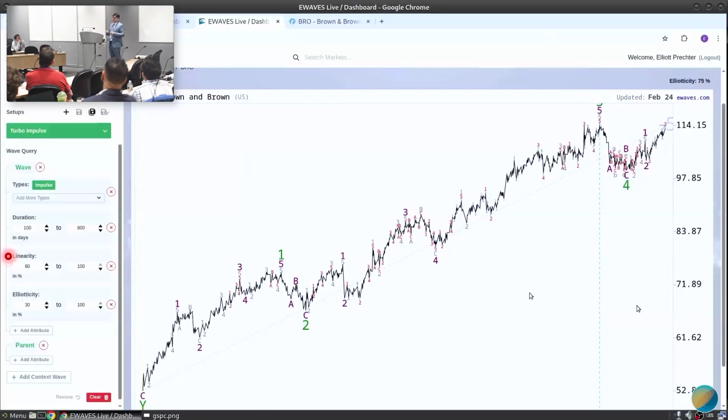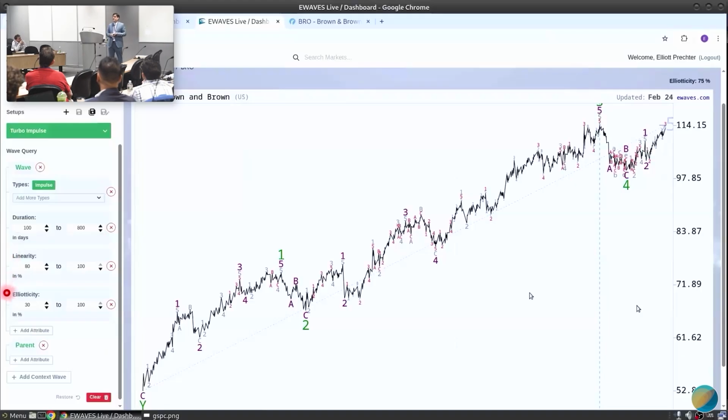And the reason I did that is because I don't just want any old impulse wave. I want an impulse wave that is especially impulsive. And I think marketing came up with the term turbo impulse for this template. But basically, I've noticed that these types of waves tend to work out better than ones with much lower linearity.